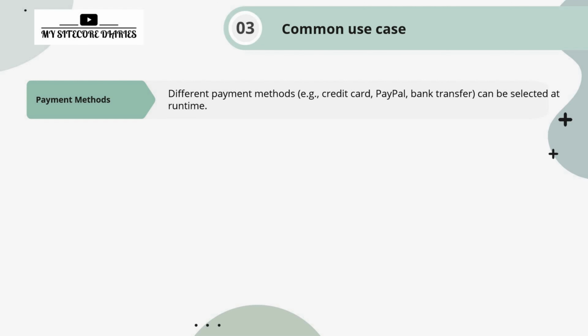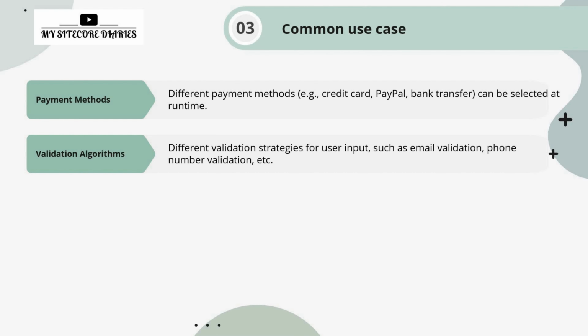If you have different payment methods, credit card, PayPal, bank transfer, and those can be selected at runtime, then you should go for the strategy pattern, because you can define those strategies. Again, validation algorithms. If you have different validation strategies for user input, such as email validation, phone number validation, etc., then you can go for the strategy pattern.